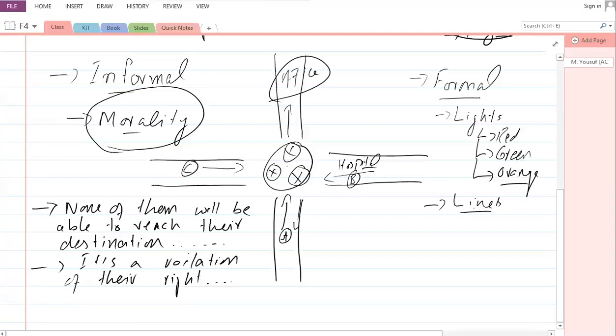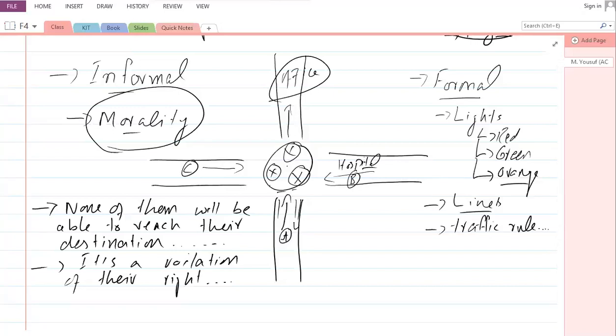So there are lines on the road. We have to follow these lines. There are some lines here, here and here, so that no one's rights can be violated. There is a traffic rule. Everyone has to wait when the light is red, and when it becomes green, he can go to his destination. By doing this, this intersection will be working fine.